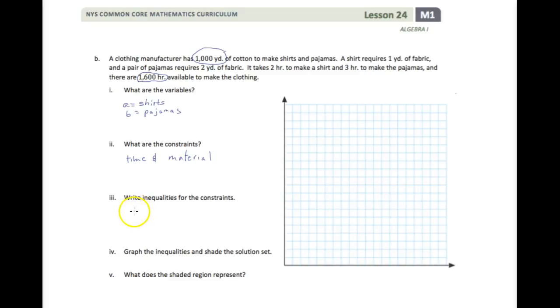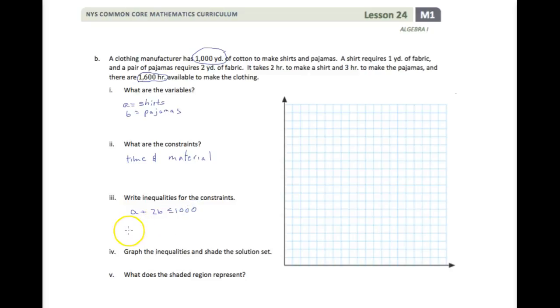We can make shirts, which take 1 yard of fabric, and pajamas, which take 2 yards of fabric. So we're talking about how much fabric you're using, 1 for the shirts and 2 for the pajamas. And we can't make more than we have, so we have to do less than or equal to 1,000.